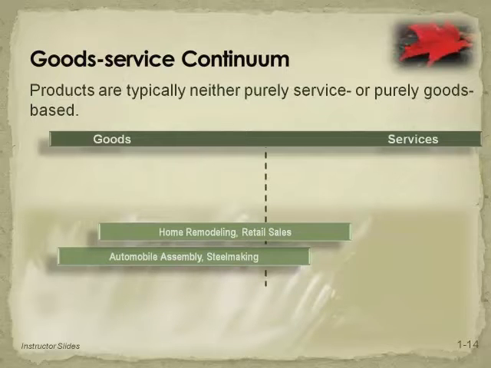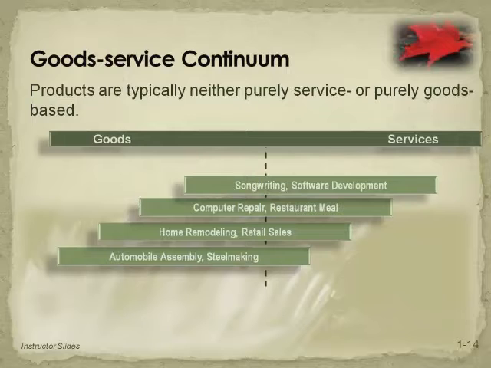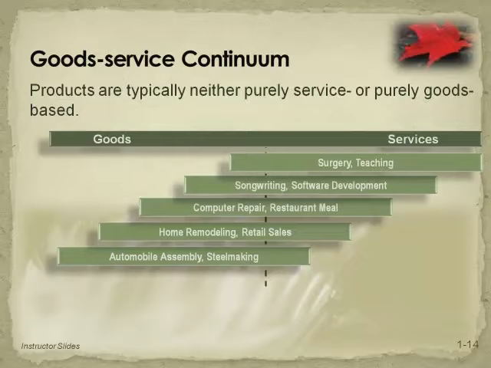Home building, same thing. Sales is a process. Computer repair. Software development is a service, as usually consulting goes along with the services, as well as the product itself, which is the software. And then finally, we have teaching and surgery. They're mostly services, but they do have an element of product.